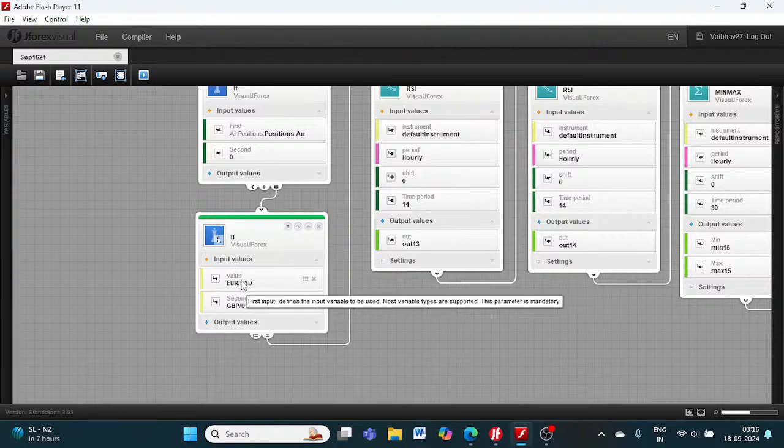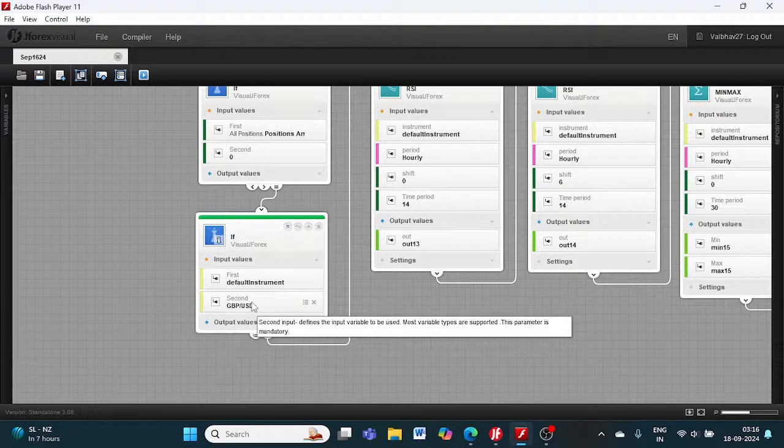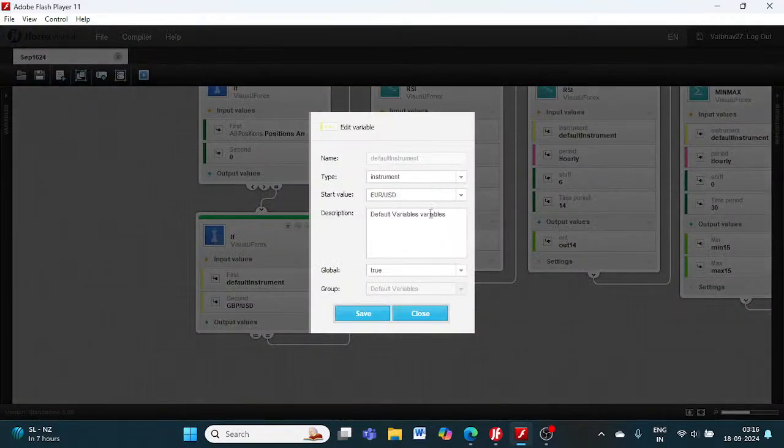But as you can notice, now the default instrument remained at EUR/USD whereas the second instrument was GBP/USD, and it wouldn't have matched, resulting in the algorithm not placing any order. I think I'm now going to need to change it.